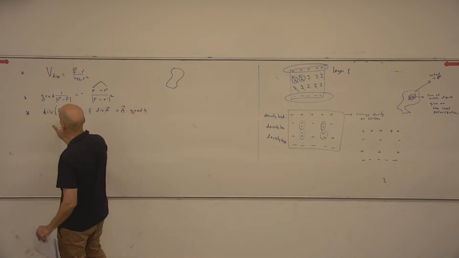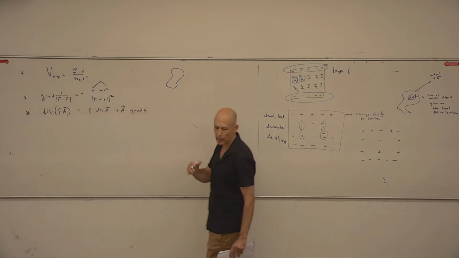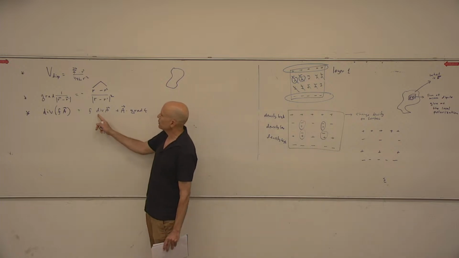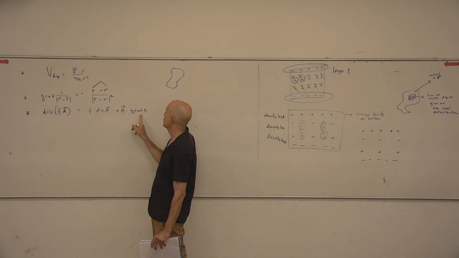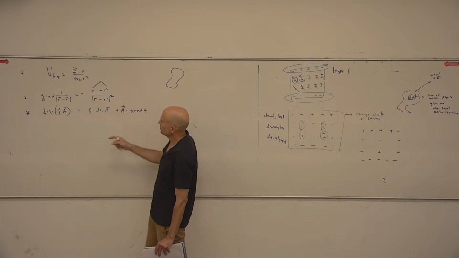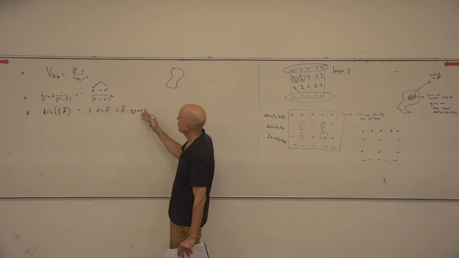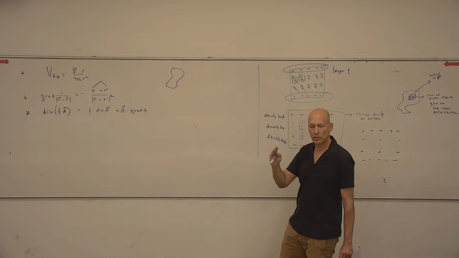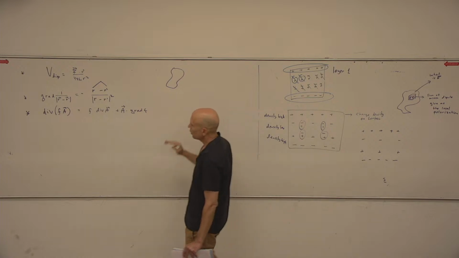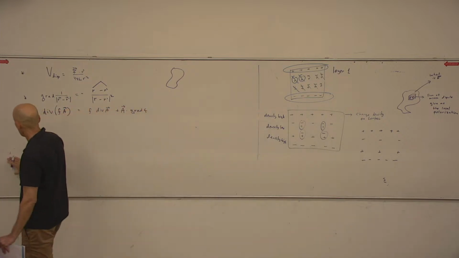And like the derivative of multiplying 2 functions, you get 2 terms: one where the derivatives are acting on a, and one where the derivatives are acting on f. The only thing you need to remember is that this altogether is going to be a scalar, and then you need to remember what the div is and what the grad is. But this is a simple thing to understand, or we will assume it is simple.